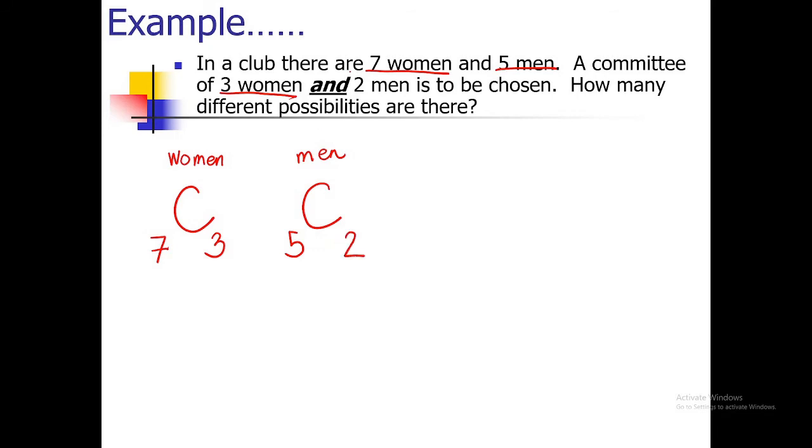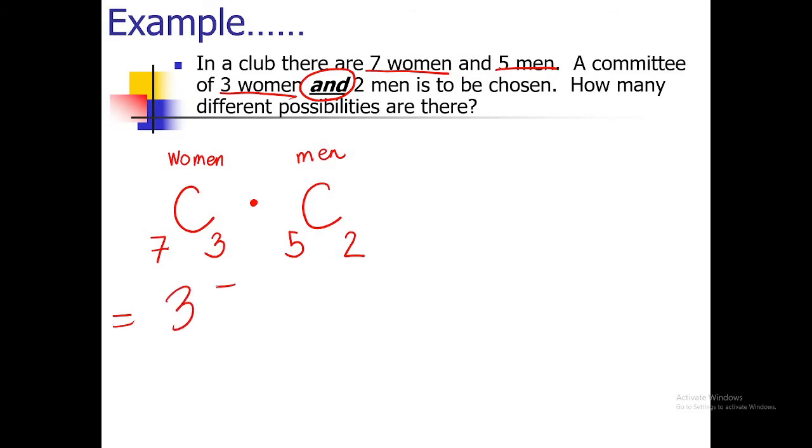Now, look at the connector. It's an AND. O sige to atong gamiton basta AND. Is it plus or is it times? Times. Okay, very good. Because of the connector AND, ako di inining i-multiply ang result sa combination sa women ug ang combination sa men. Now, what is the combination of 7 taken 3 at a time? 35.